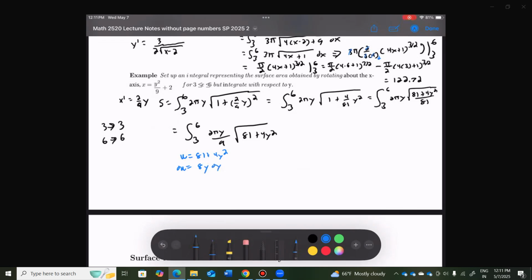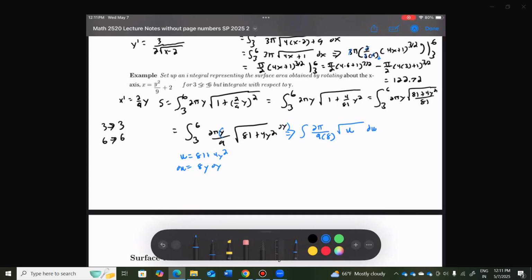And so this will become the integral of 2 pi over 9 and over 8. And then your du is your y dy, and I forgot to write the dy. Those two things. And then you have the square root of u, and then du.